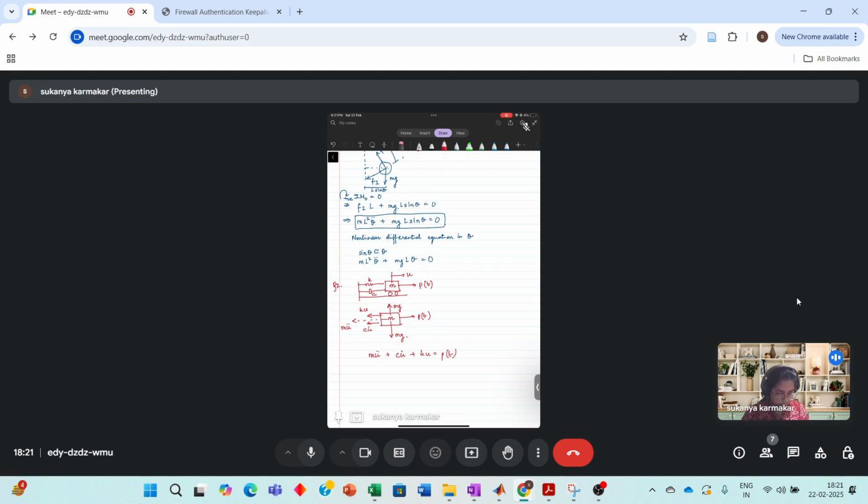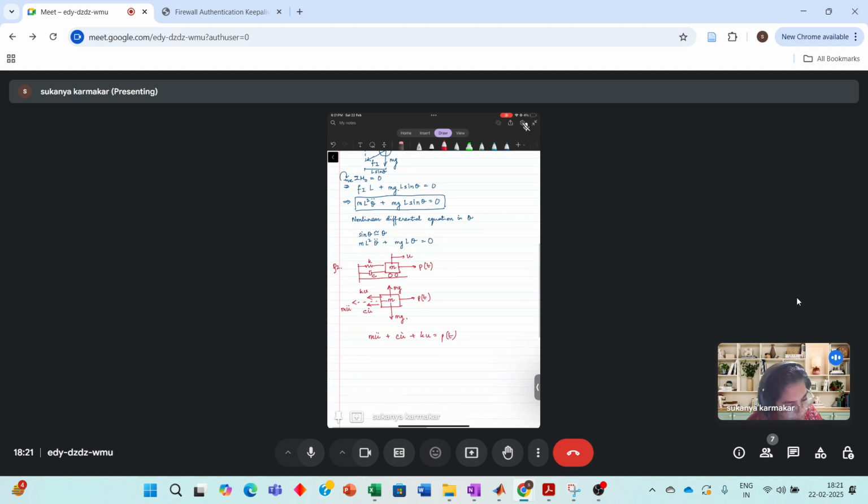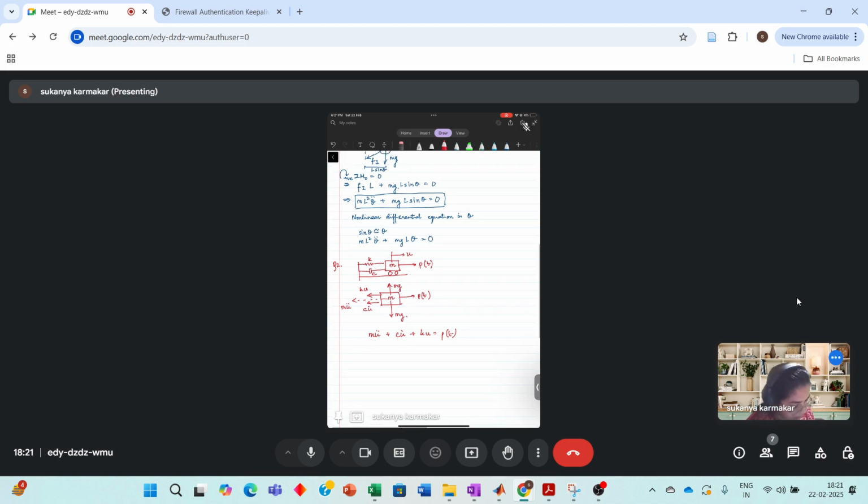Now I'll give you a system. The system is like this. This is what we had seen in the class. So now I am giving you a system where you have a single story frame. All the mass in this frame is lumped at this point.